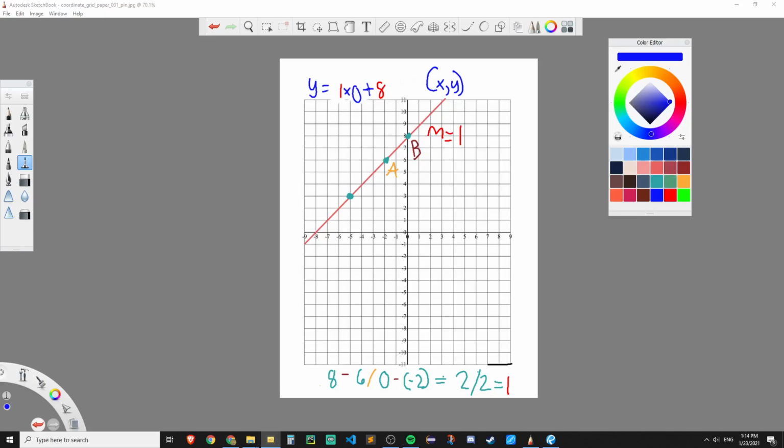So when you're building a slide, you probably shouldn't make it too flat. The line probably shouldn't be like this because the person is never gonna get down.